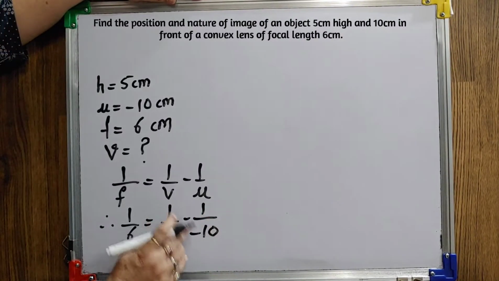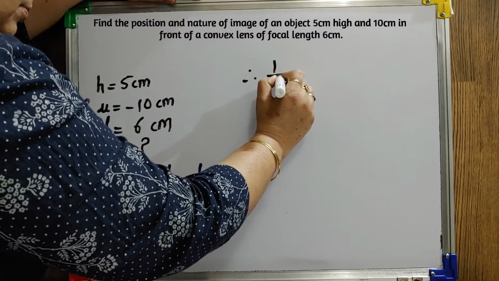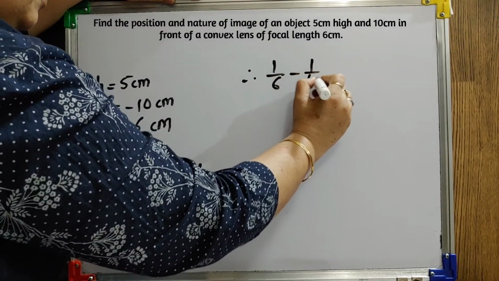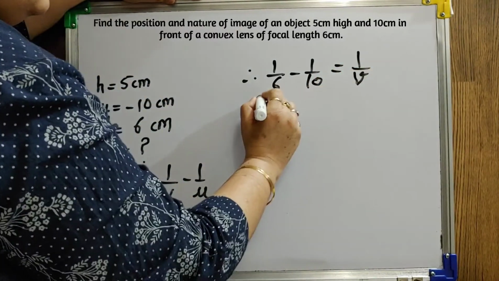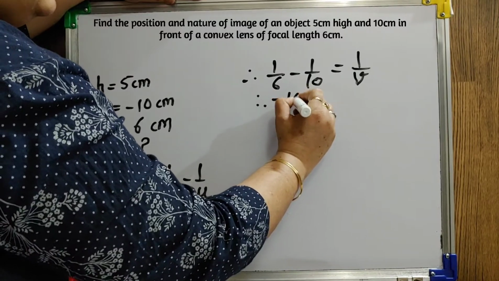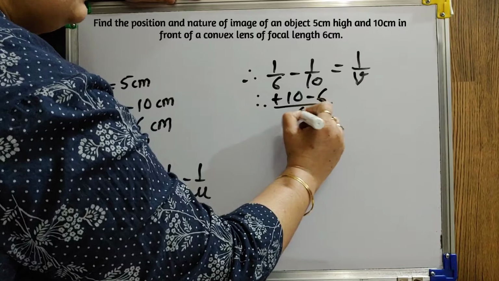Minus 10. Minus minus will be positive. That side it will be negative when you transfer. So it will be minus 10 plus 10 minus 6 upon 60.